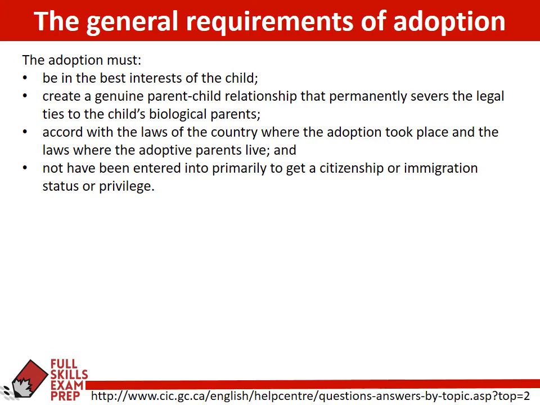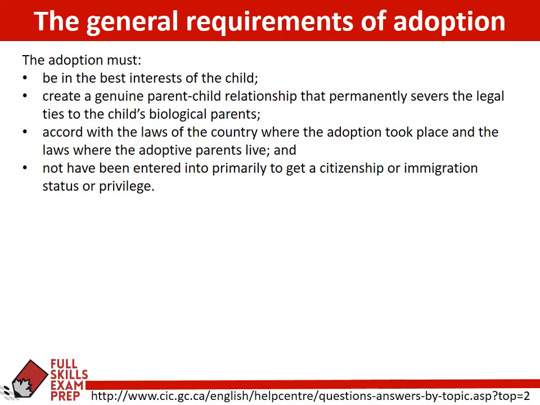Okay, so with adoption, the adoption has to be legal in both Canada, so whichever province the parents live in, because those adoption authorities are provincial, and also where the adoption is taking place. And of course, that last point goes with pretty much everything in immigration.